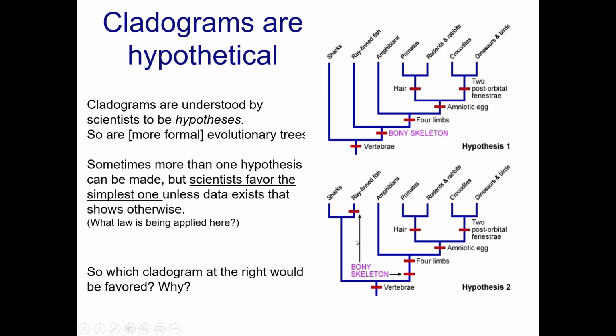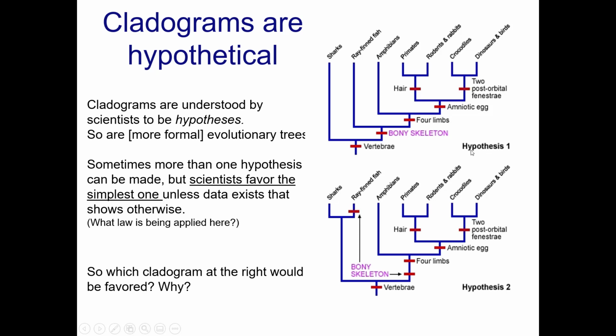So when you have a case where there could be two different hypotheses, you're always going to favor the simplest one. Now, what is the simplest one? The simplest one is the one that would invoke the least number of adaptations. So hypothesis 1 shows 1, 2, 3, 4, 5, 6 structures that are adaptations. Hypothesis 2 is 1, 2, 3, 4, 5, 6, 7 adaptations, events. And so you're always going to favor the simpler one.